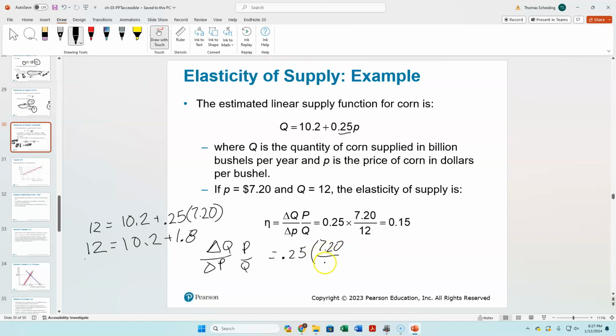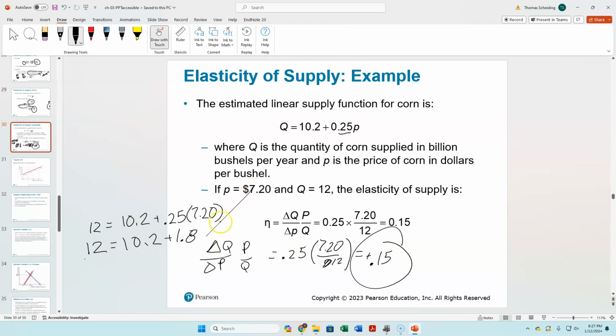My price and my quantity. Which gives me positive 0.15.